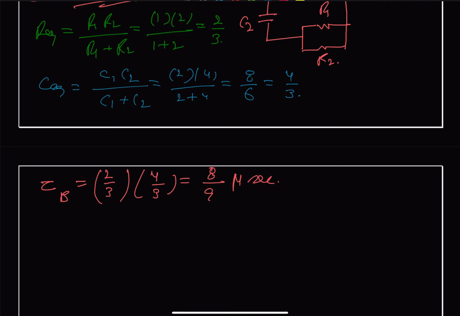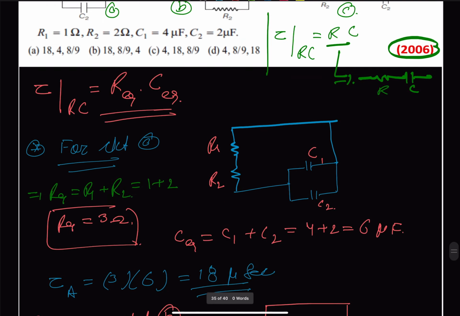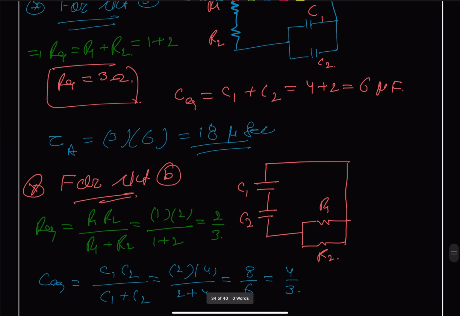And finally, we have our circuit C. For circuit C, we are given that both are independently in parallel.